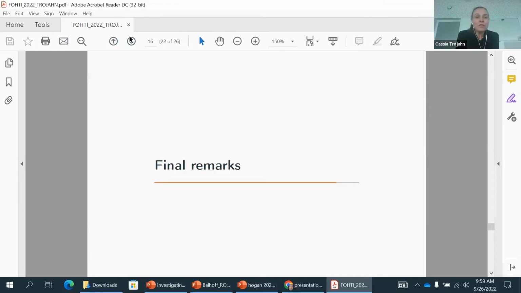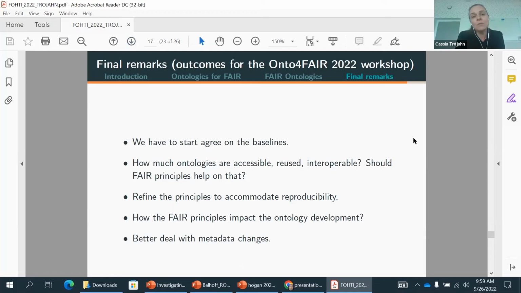So, just giving a very brief overview of some things that you have discussed in the workshop, and I would be glad to discuss with you as well. There are many recommendations and many tools that have appeared so far for evaluating the fairness of semantic resources in general, including ontologies. But you can observe that different tools score differently according to the criteria they use.